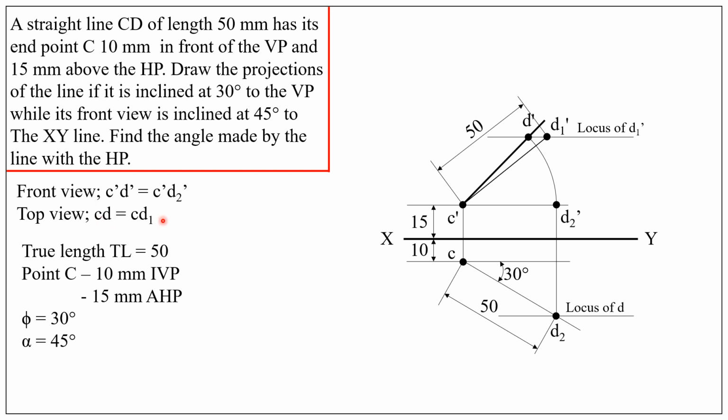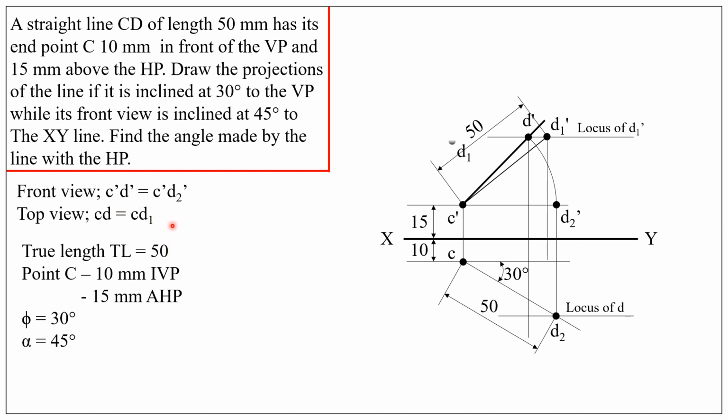Also, we know the top view of the point D will lie directly below D dash. Therefore, we can draw a perpendicular from D dash. So that perpendicular intersects the locus of D over here. As a cross check, what we can do is find CD1.